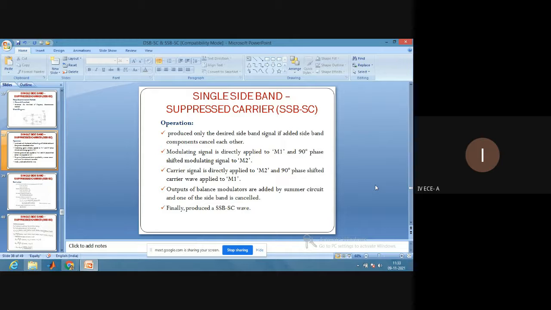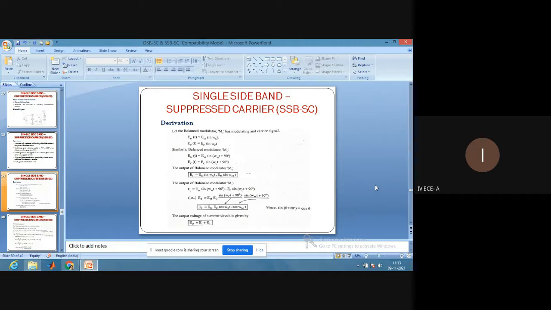Balanced modulator M1 generates the upper sideband and lower sideband, both shifted by 90 degrees phase shift. And balanced modulator M2 produces the USB with 90-degree phase shift and the LSB with minus 90-degree phase shift. These two signals are applied to the summer and filter network.